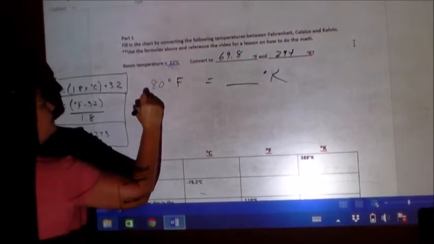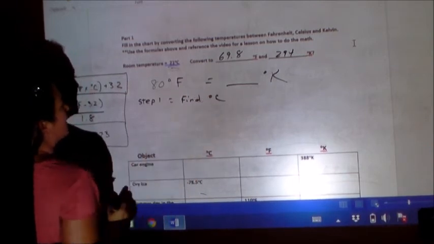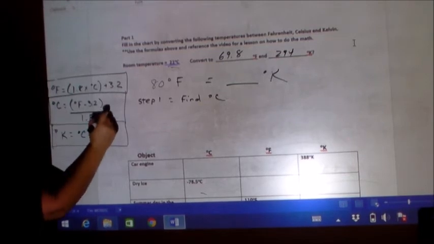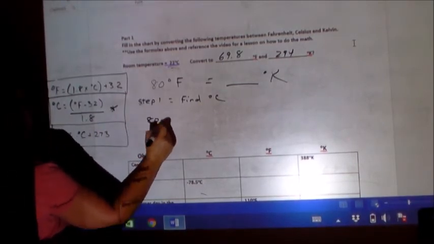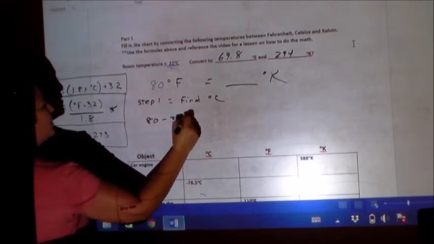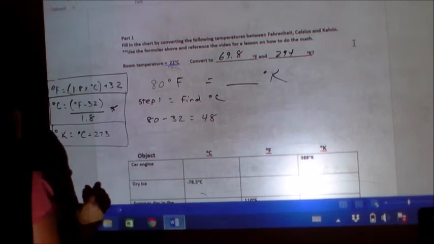So step 1, find Celsius. Let's do that. I'm going to plug it into this equation because I'm looking for Celsius. So 80 degrees Fahrenheit minus 32 equals 48.